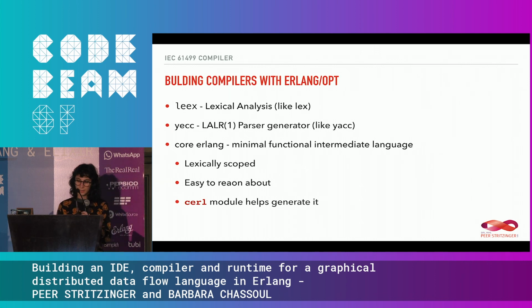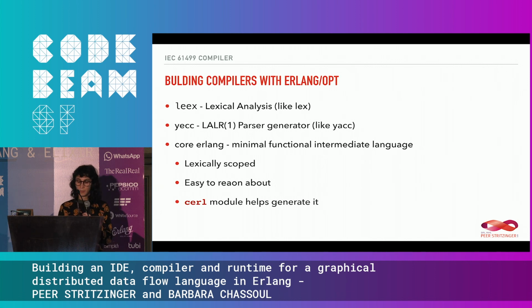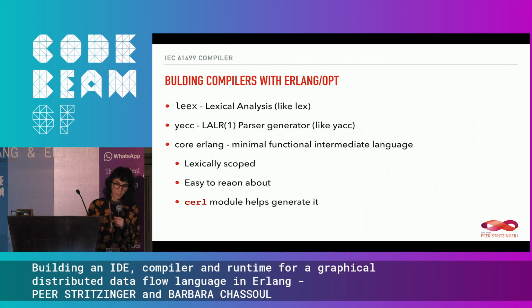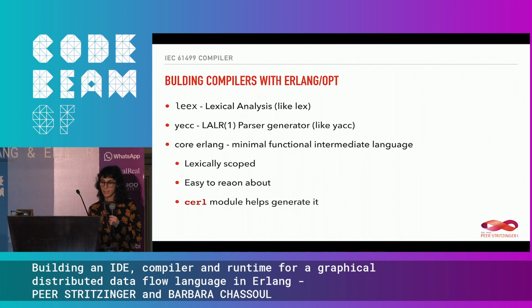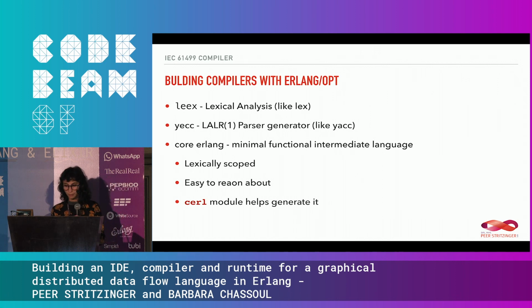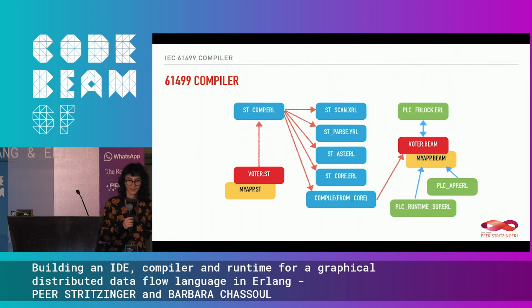Core Erlang is a subset of Erlang which takes out the syntactic sugar that the compiler doesn't need, and then Cerl helps us generate these core files because it's a module that defines the abstract data type for representing Core Erlang. By the way, it's not documented. Yes, it's in LDoc. If you want to find it, it's in LDoc.